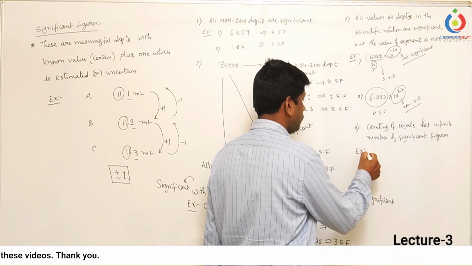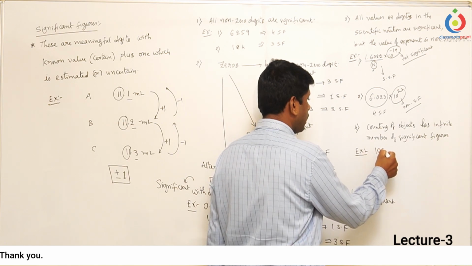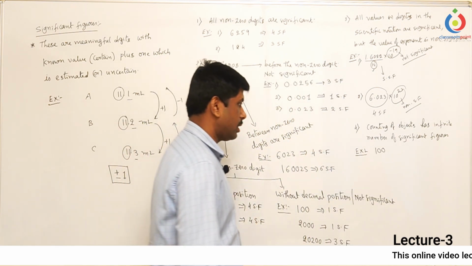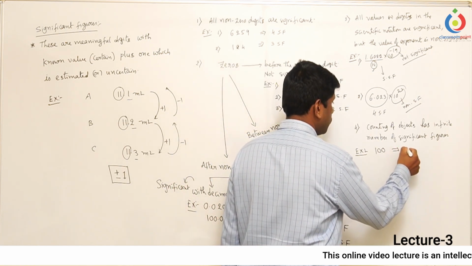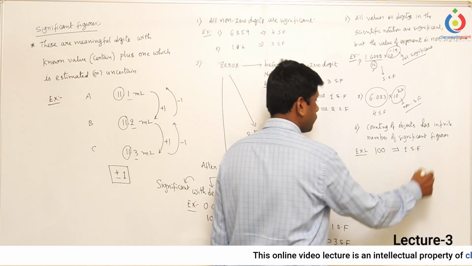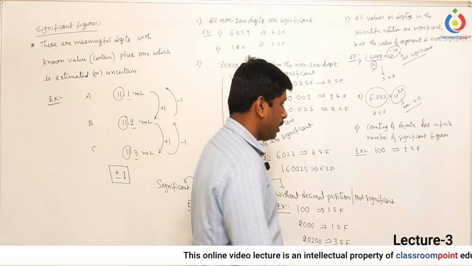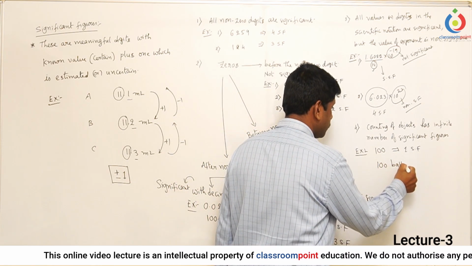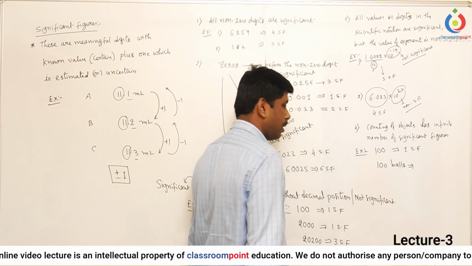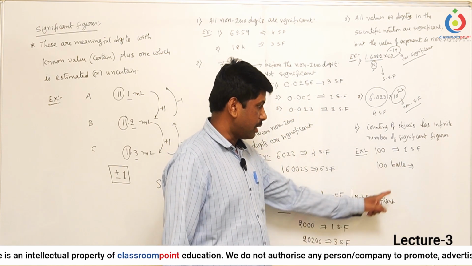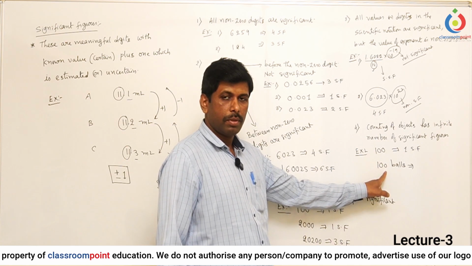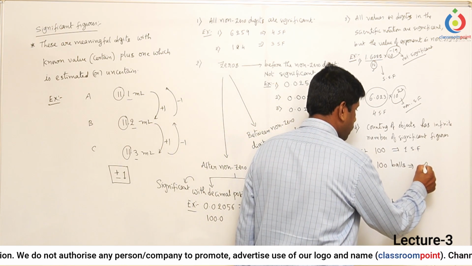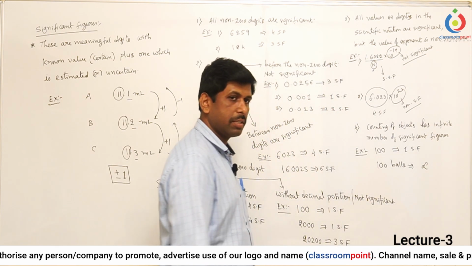Example, if we say 100, as we discussed here, 100 has only one significant figure. But if you say 100 balls are present, means after the number we are using an object, so it's a fixed value. This value cannot be changed. So this value is always having the infinite number of significant figures.